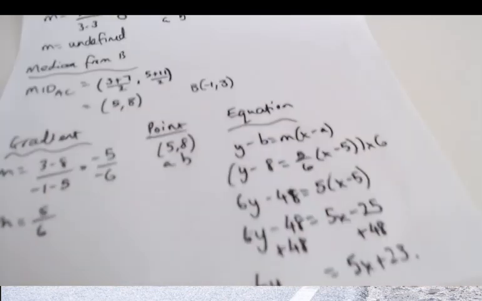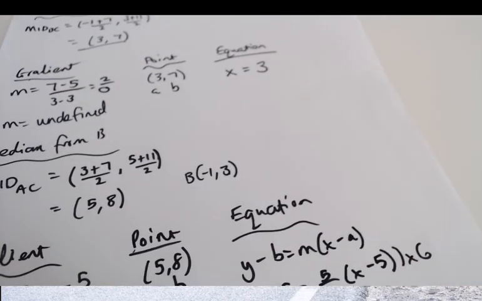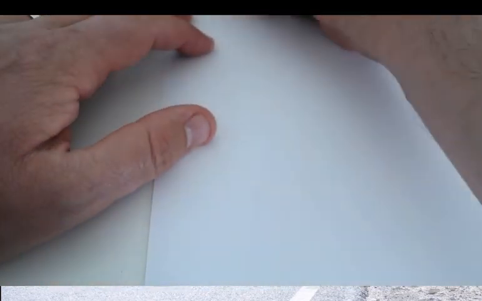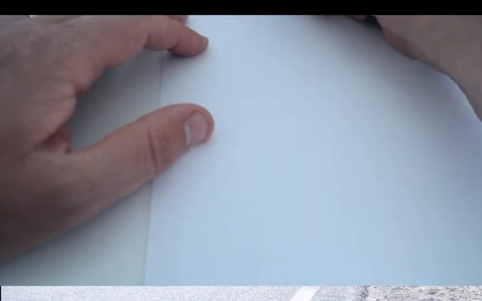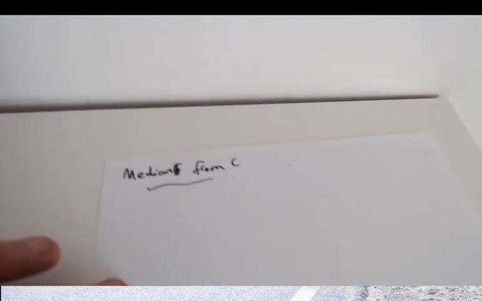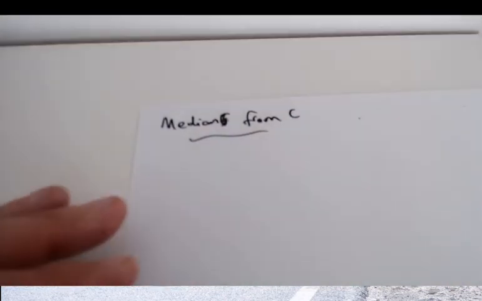Last one is the median from C. Okay. So if it's the median from C, it goes to the midpoint of the opposite side, which is AB.